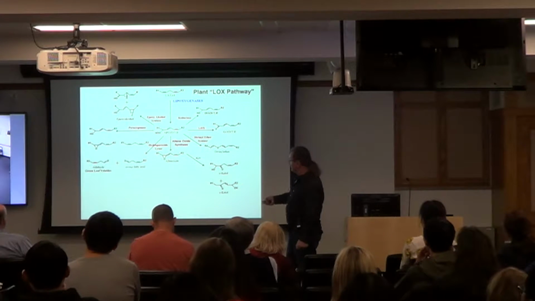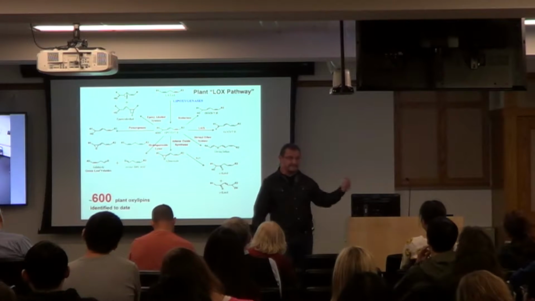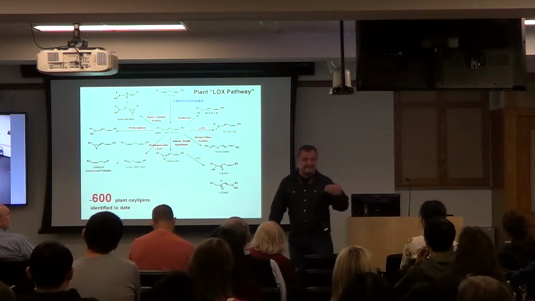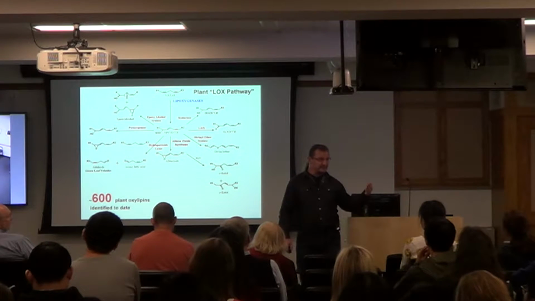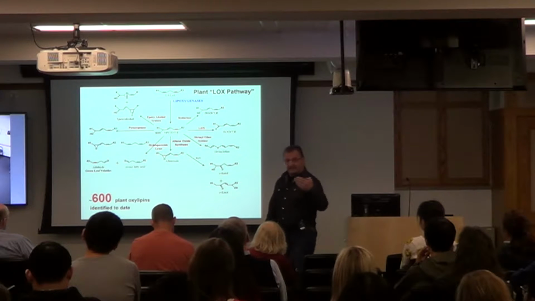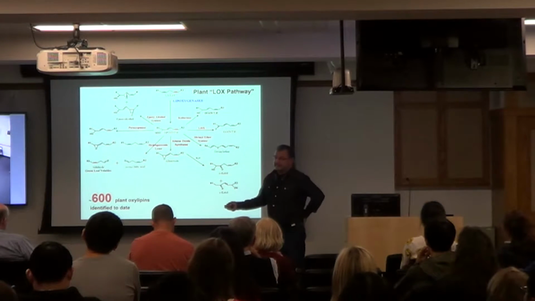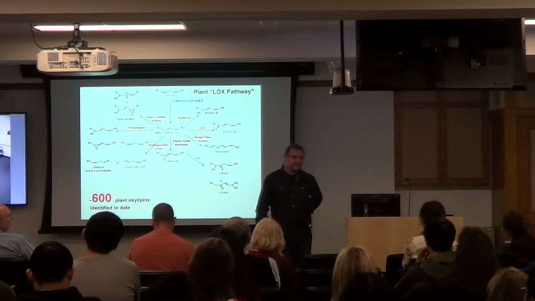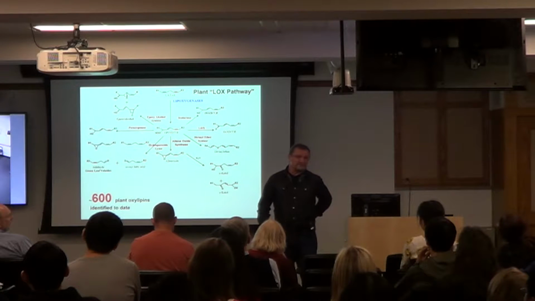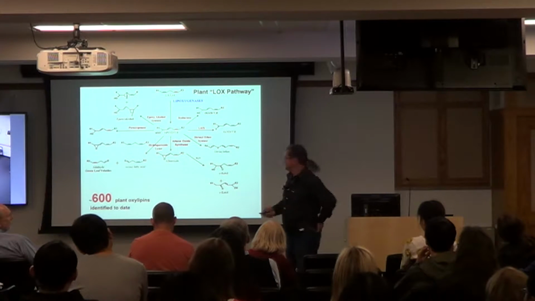I asked Ivo Feussner, who knows the oxylipin field in plants best, how many oxylipins plants produce collectively, because we measured them in many different species. He estimated 600, and now he believes it's probably closer to 700. Every year there are about 4 to 6 reports of new oxylipins being investigated in plants.